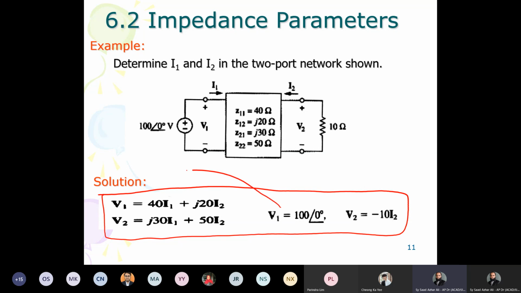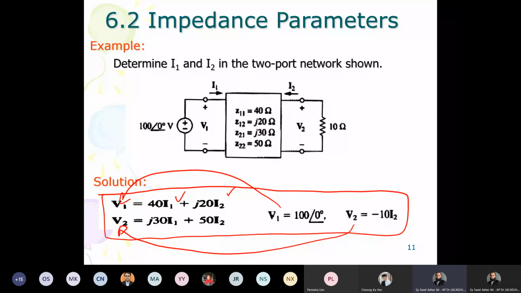We can place V1 here, and V2 here. So we have two equations and two unknowns. Find I1 and I2. How much easier it could be in writing and finding the values, right?